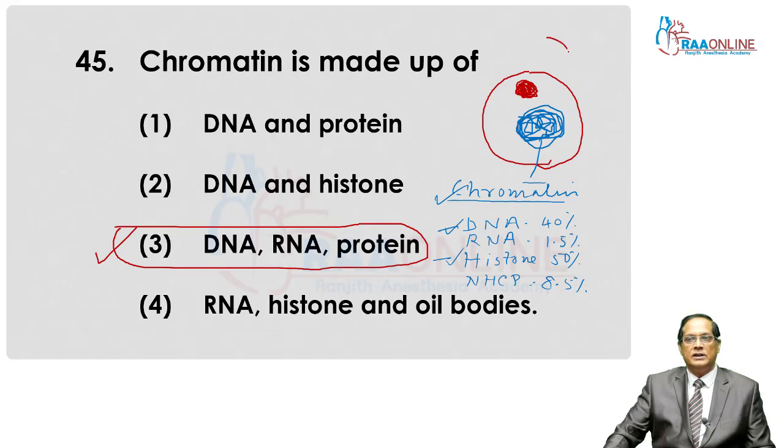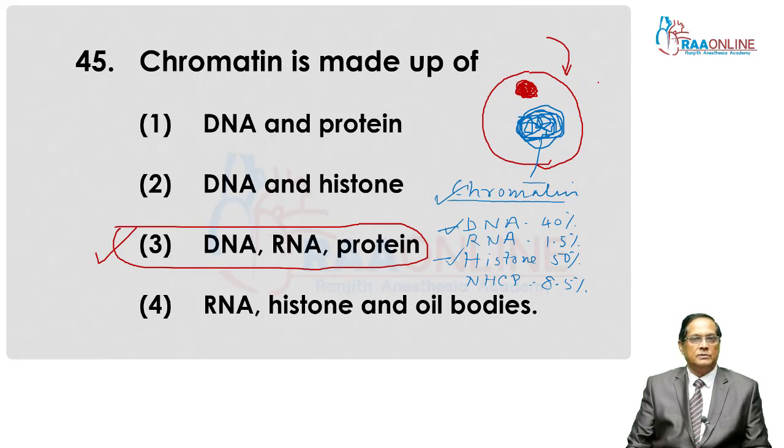And this chromatin undergoes condensation and dehydration during cell division and appears as a number of thread-like structures. They are in definite number. They are called chromosome. So chromatin results in the formation of chromosome, but the chromosomes are seen only at the time of cell division.